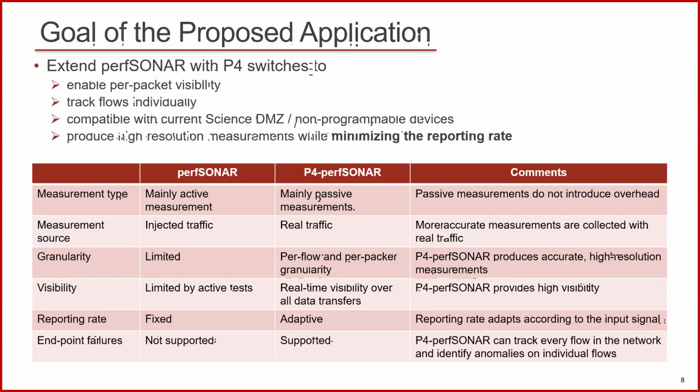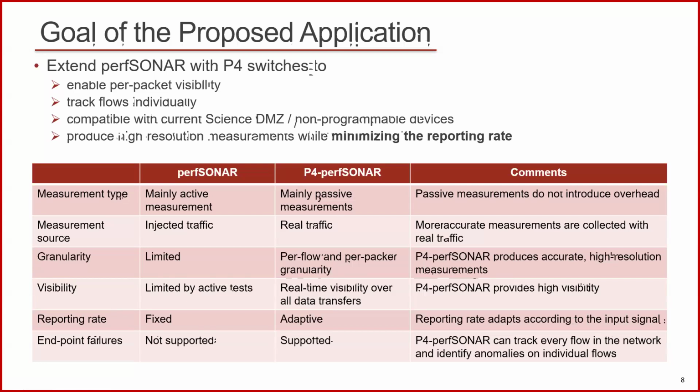So this table here shows the comparison between perfSONAR and P4 perfSONAR. So for perfSONAR, the measurement type is mainly active measurements through the tests we are performing. For P4 perfSONAR, it's mainly passive measurements because we'll be monitoring a copy of the real traffic. Our system will have access to a copy of the real traffic.